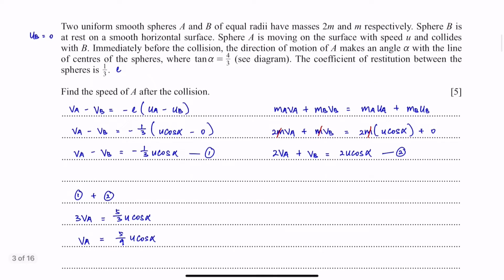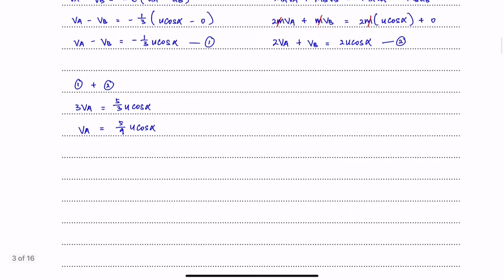According to the question, tangent alpha is 4 over 3. Imagine a right angle triangle with alpha as this angle.